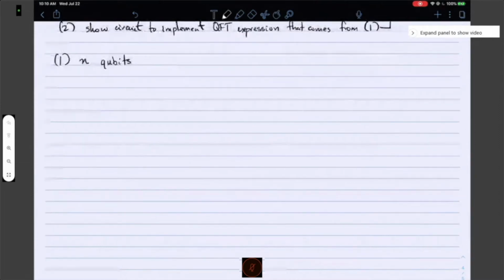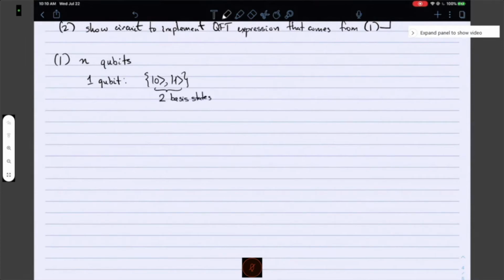So let's say you have n qubits. And what does that mean? So for example, in the 1 qubit case, you had the states 0 and 1 in your computational basis. So there were 2 basis states.